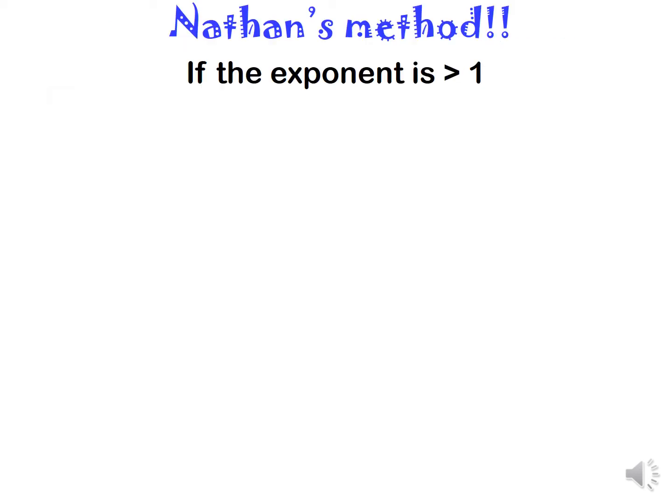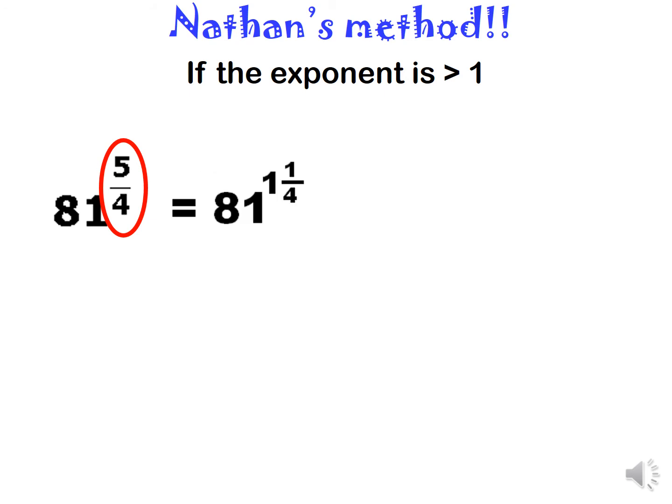Okay, now when your exponent is greater than 1, there's a cool shortcut that one of my students developed many years ago. So see that this is greater than 1. So what Nathan did was he made it an improper fraction, and then he divided it into two separate parts.